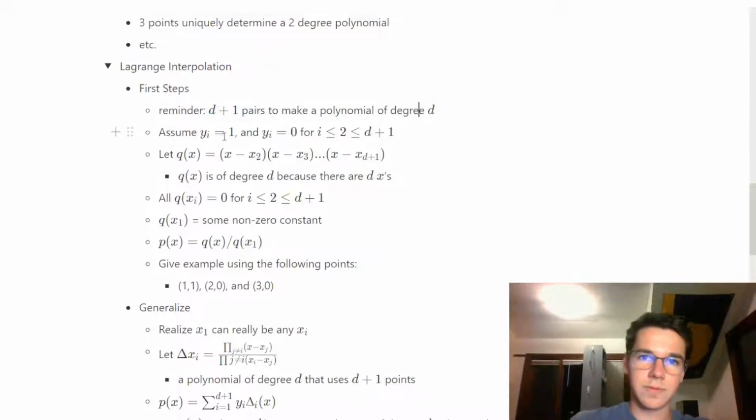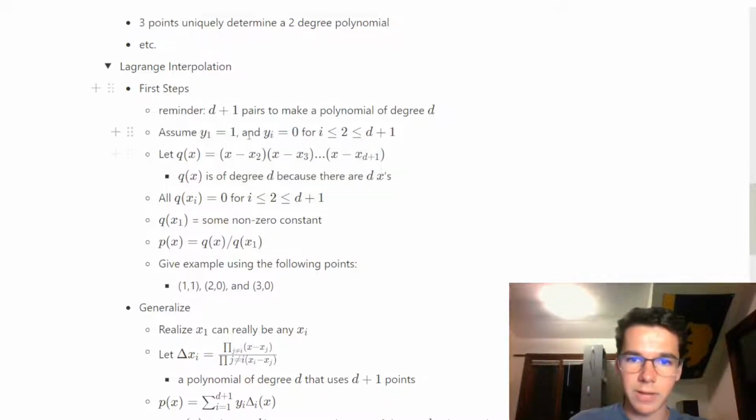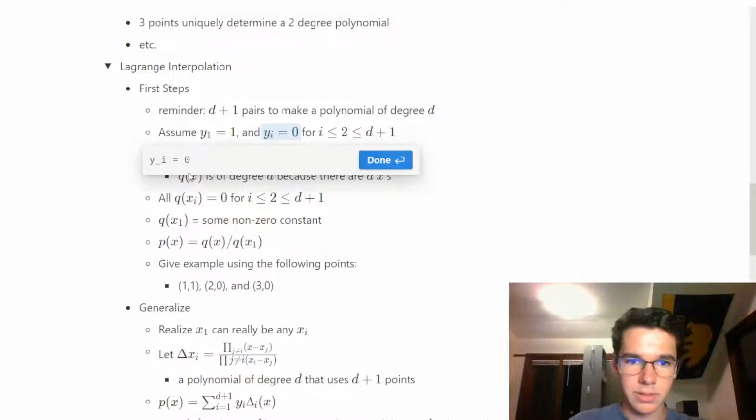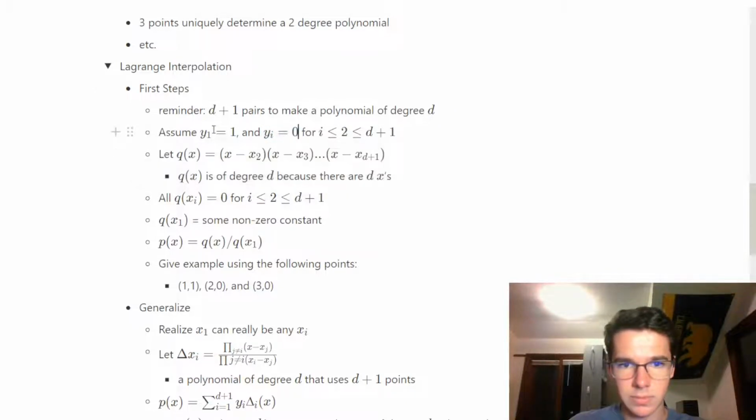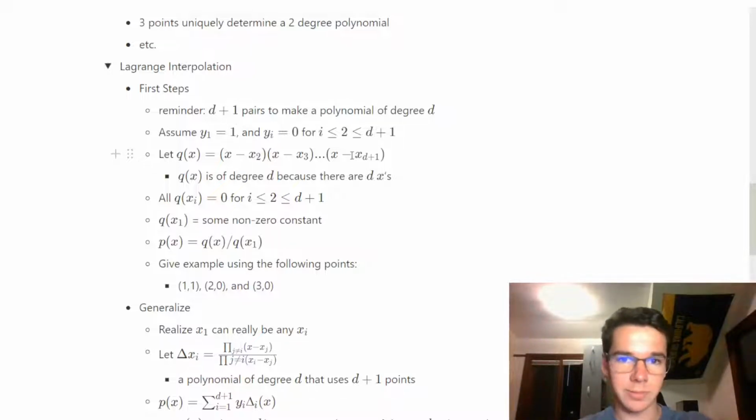And just for example's sake, we're going to assume in our d plus 1 pairs that in the first pair, the y value is going to be equal to 1, right? But in every other pair, pairs i equals 2 through d plus 1, all of those pairs are going to have y equal to 0.